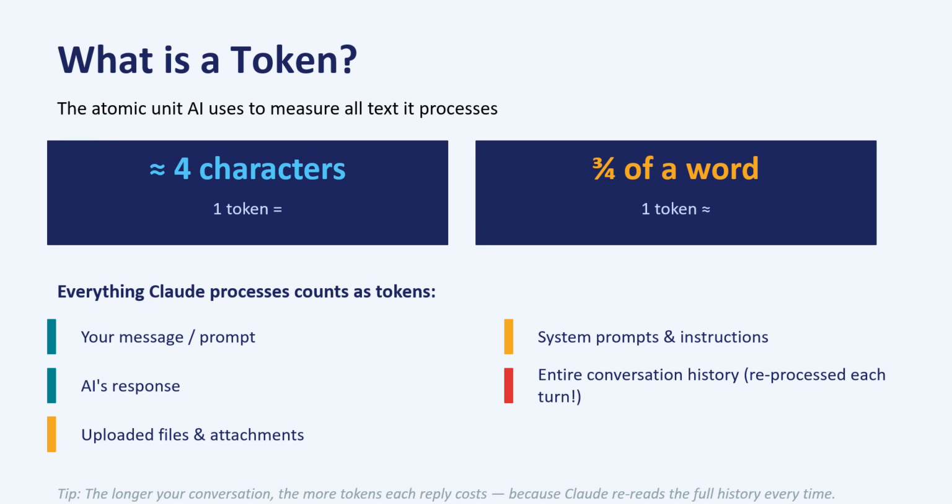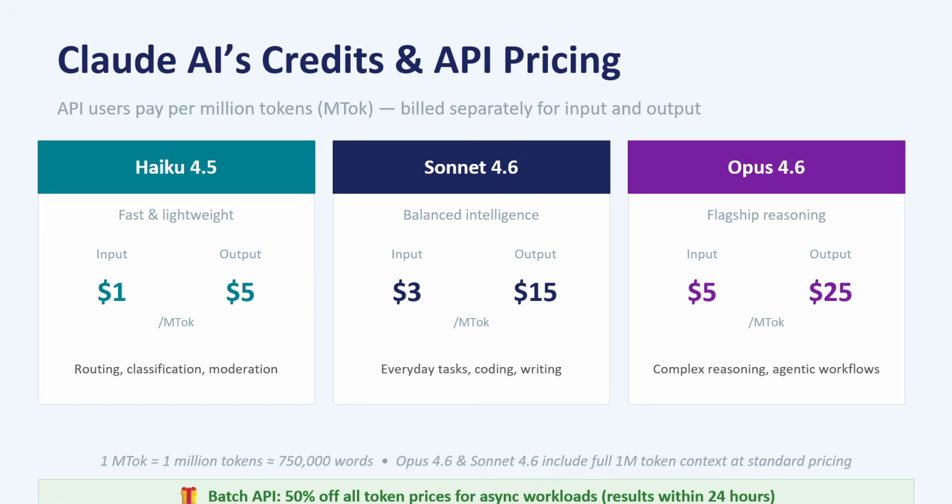So how do we measure a token? In AI, we consider four characters equal to one token, or three-fourths of a word equal to one token. In Claude AI, there are three parts to the billing structure.